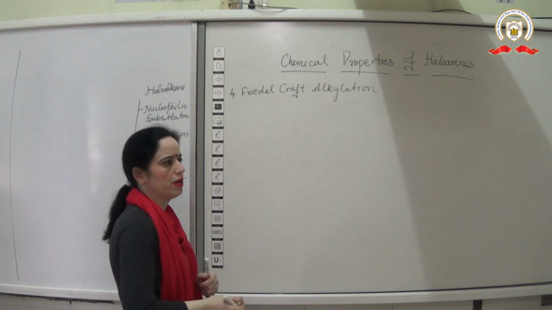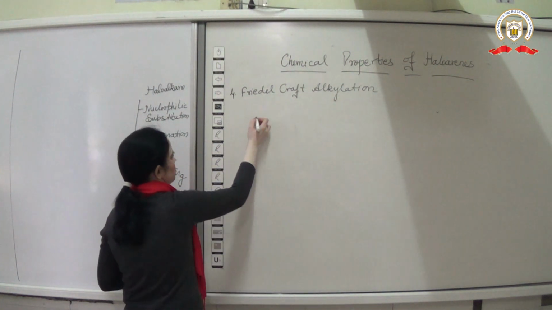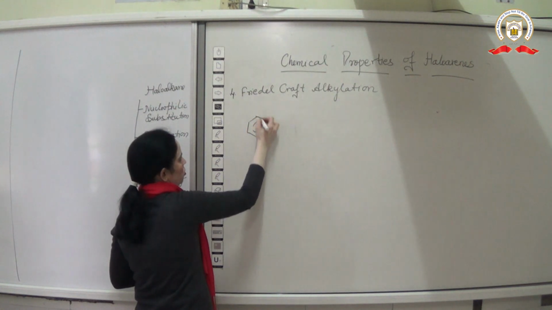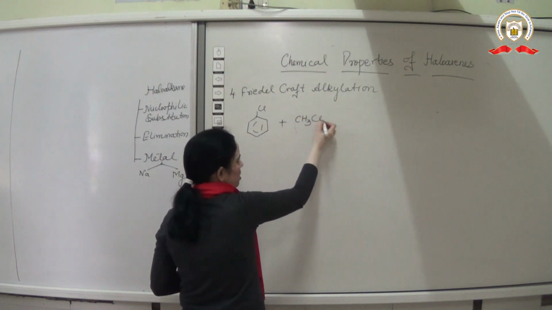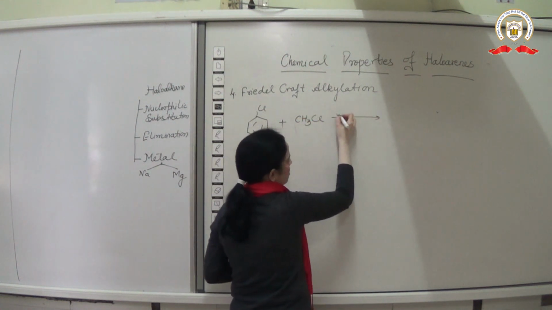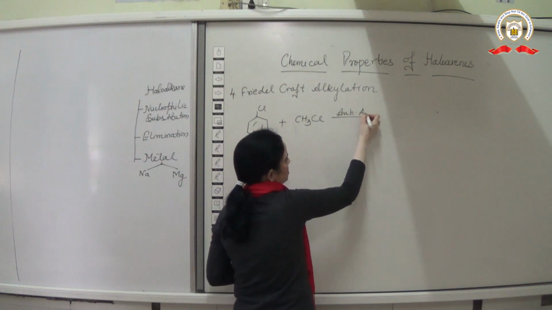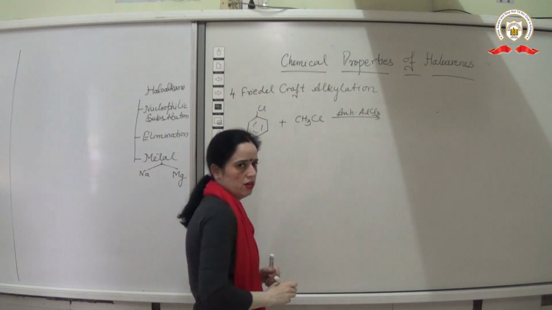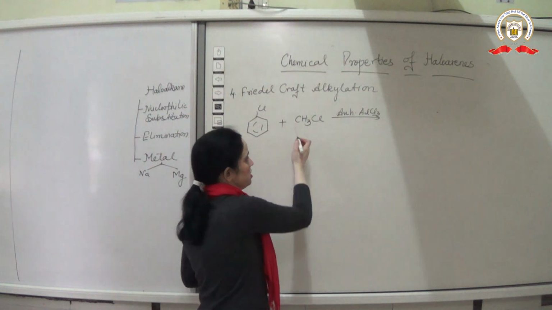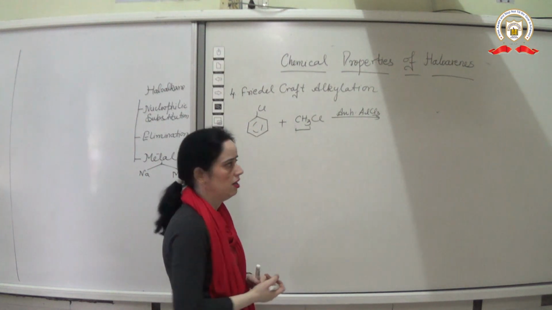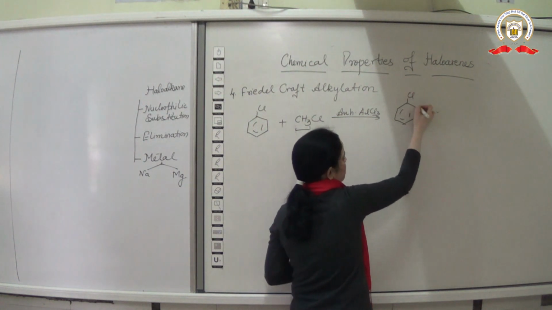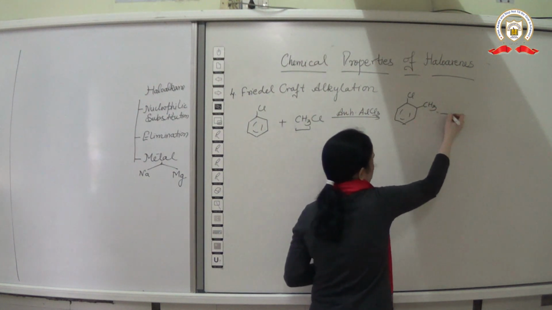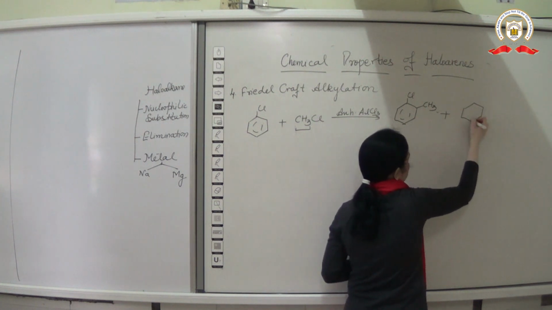Usually the alkylation is done by using CH3Cl. So starting with chlorobenzene, then adding CH3Cl, chloromethane, in the presence of anhydrous AlCl3. In this case, the methyl is the electrophile. So we will be getting two products. One is Cl with CH3 at the ortho position and the other at the para position.